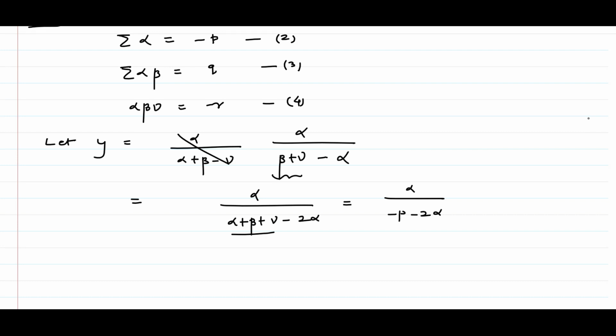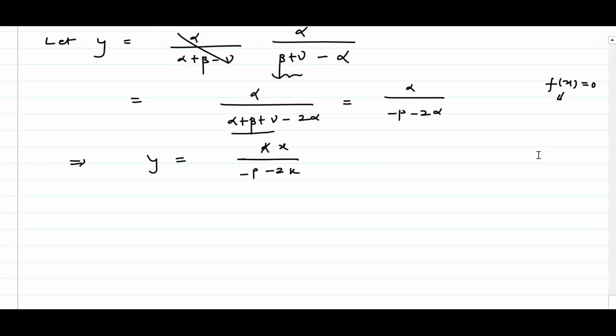But we know that alpha is the root of the given equation f of x is equal to 0. So we can replace alpha by x. So now here we can write the value of y is equal to x upon negative p negative 2 times x.